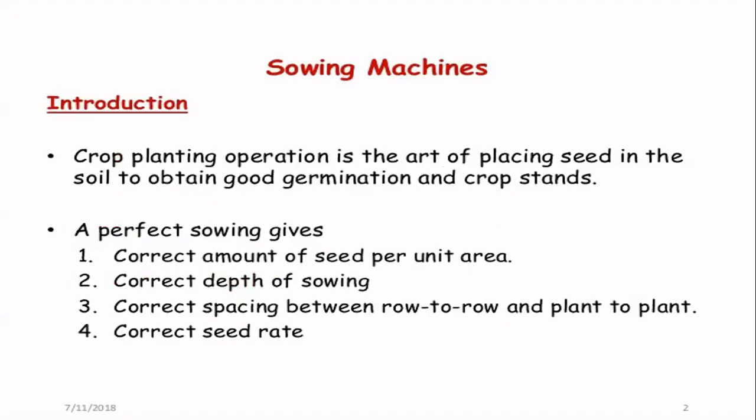Good germination and crop stands mean good quality, resistant crops. A perfect sowing gives the correct amount of seed per unit area, correct depth of sowing, correct spacing between rows and plant to plant, and correct seed rate, right?